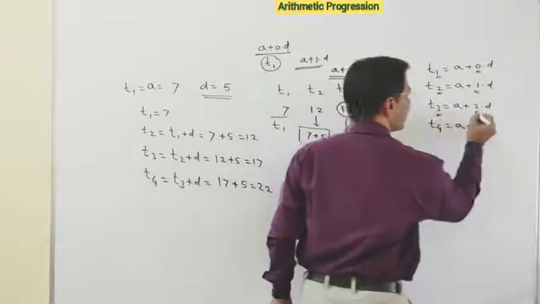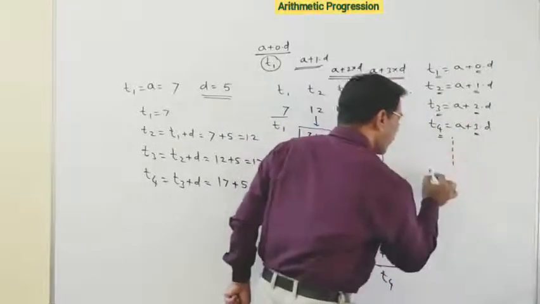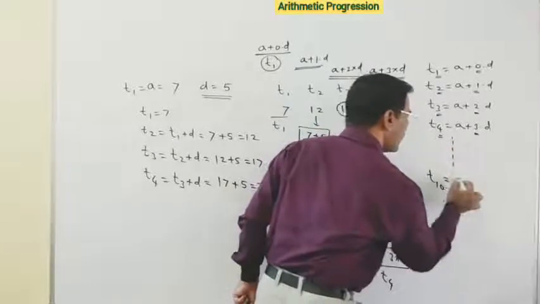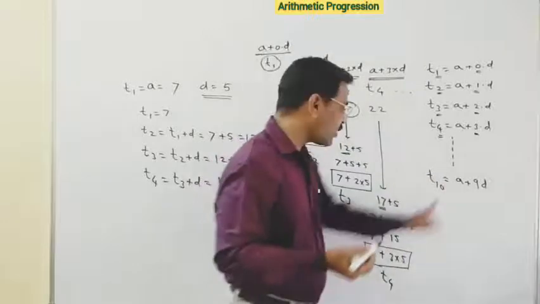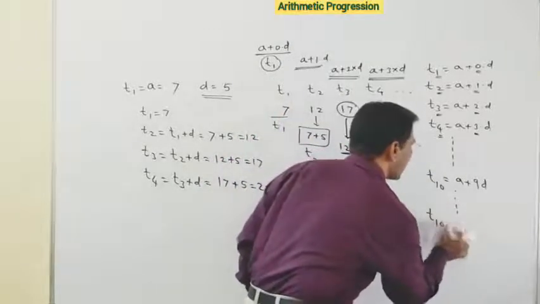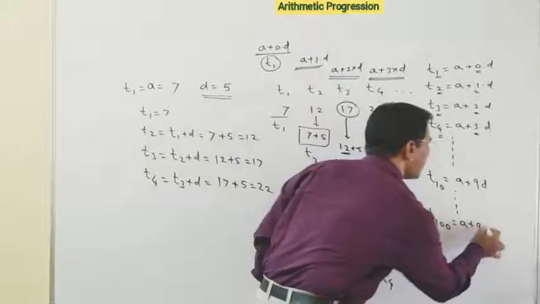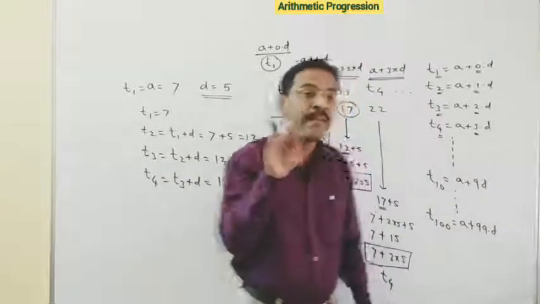Here it is 3, 2 is there. 4, 3 is there. So we can write T10 as A plus 9D. What is this 9? It is 10 minus 1. Suppose we take 100, what do we get? A plus 99D. What is that 99? This is nothing but 100 minus 1.